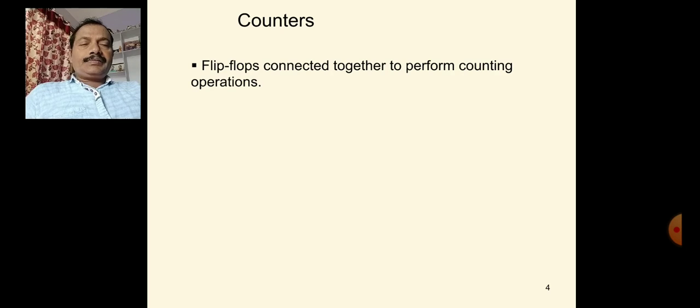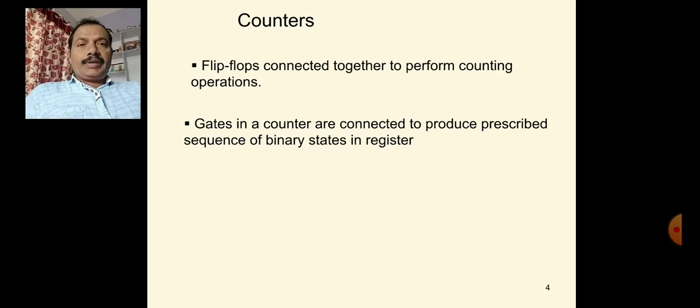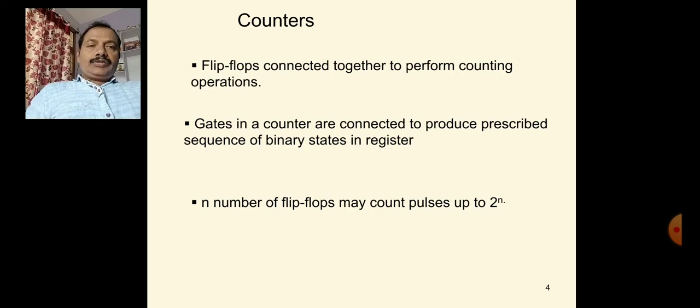And counters are flip-flops connected together to perform counting operations. So gates in a counter are connected to produce a prescribed sequence of binary states in the register. So n number of flip-flops may count pulses up to 2 power n.